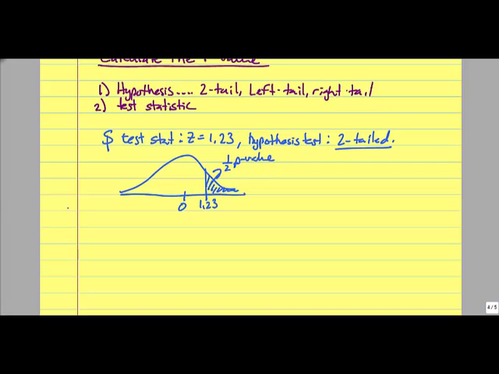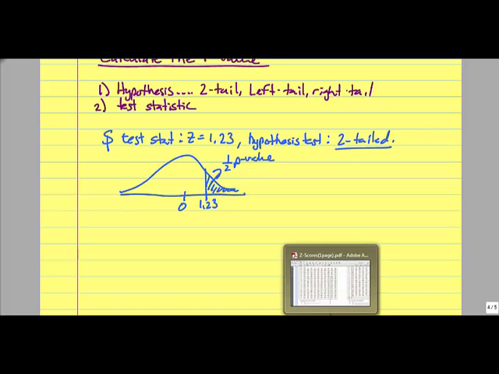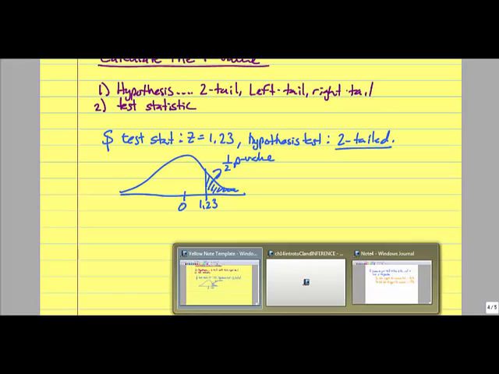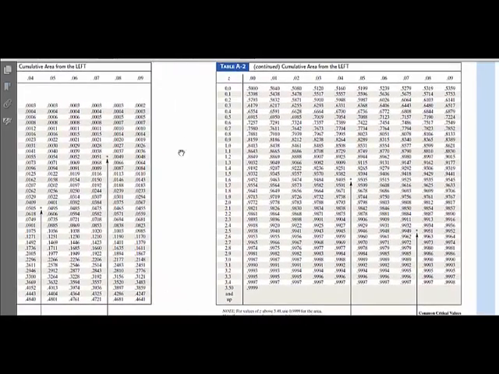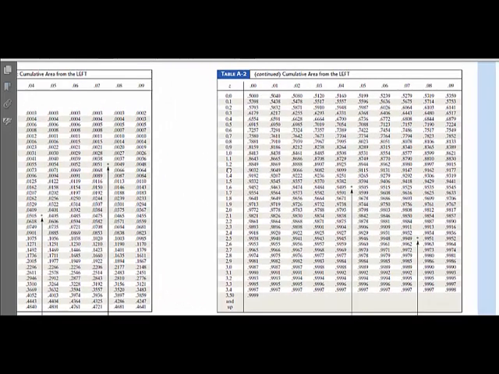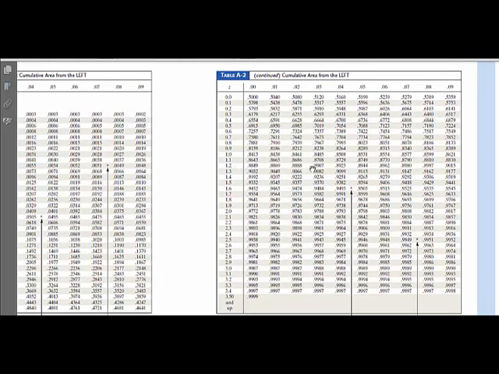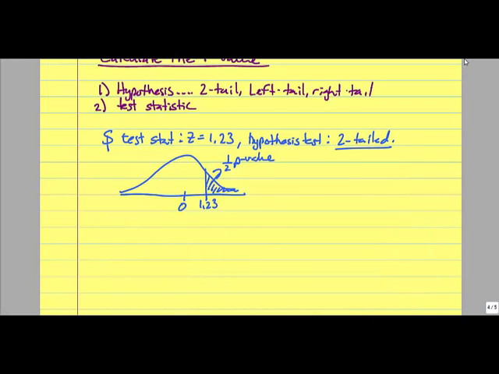So we can look up our normal tables, and we could look up either positive 1.23 or negative, it doesn't matter which one because of symmetry. For 1.23, the table gives 0.8907, so this area right here is 0.8907.